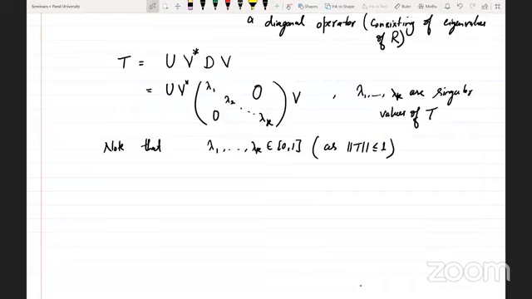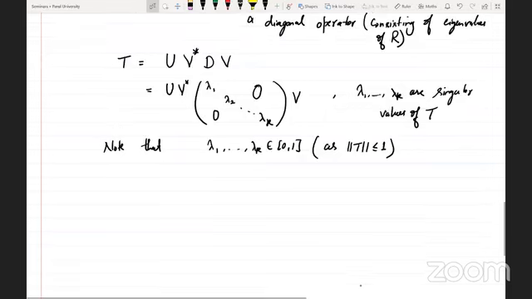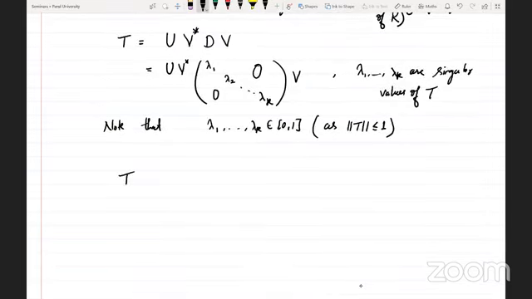Now at this stage, we will leave this T and try to generalize it. We will make these lambda 1, lambda 2, up to lambda k arbitrary, and we fix this U and V.